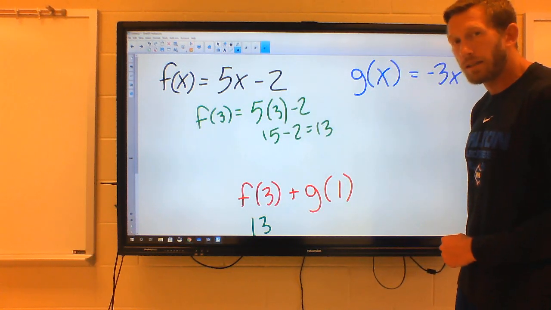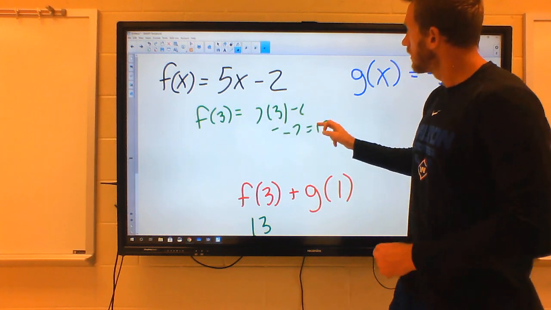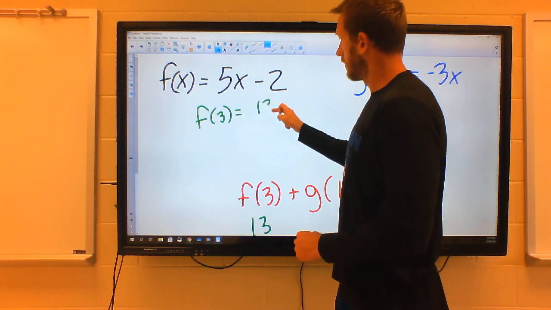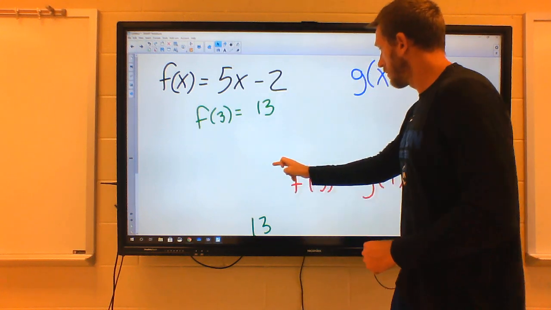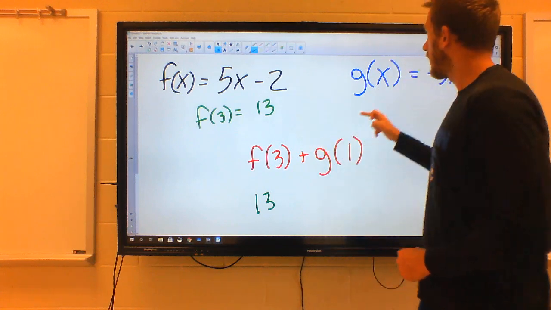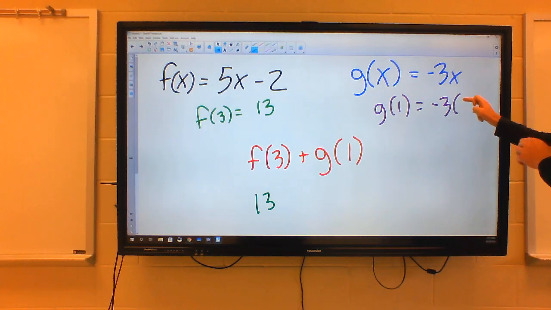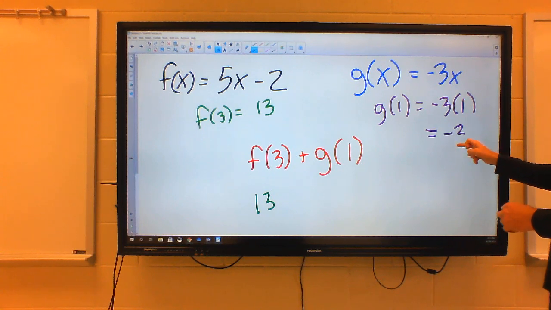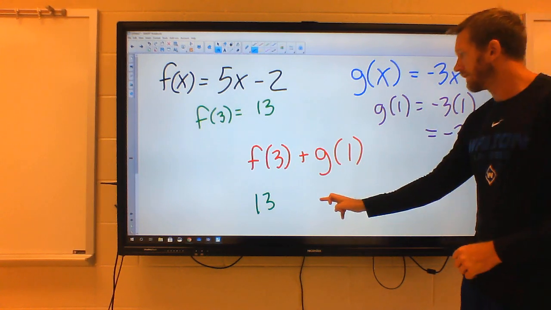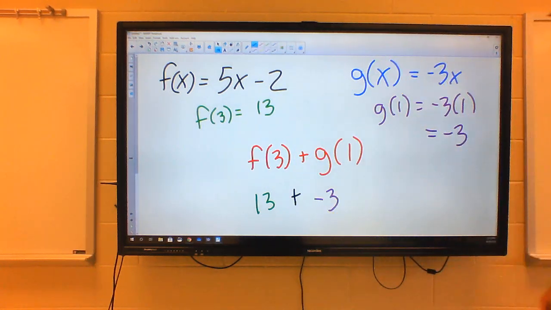Hopefully that's not too fast. Again, you can rewatch that if you need to. Right, f of 3 is 13. Let's try this one now. G of 1 is negative 3 times 1, which is just negative 3, right? And it looks like we are adding those together.